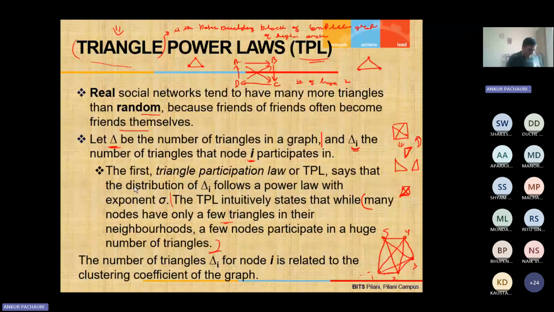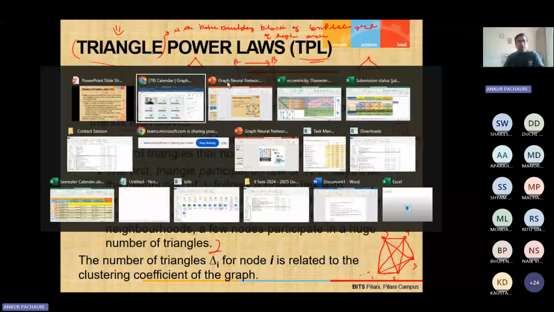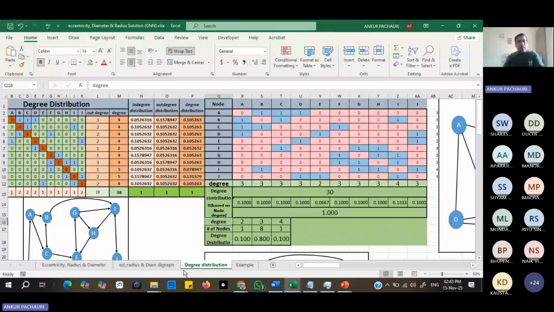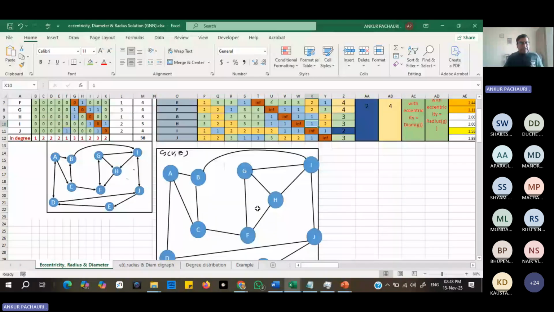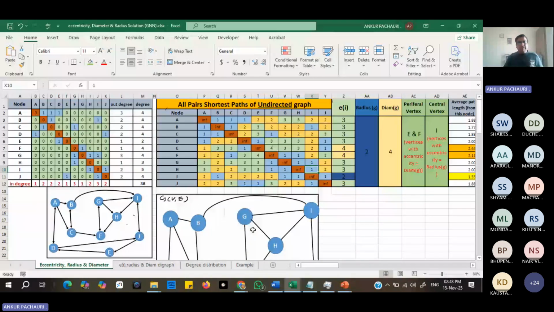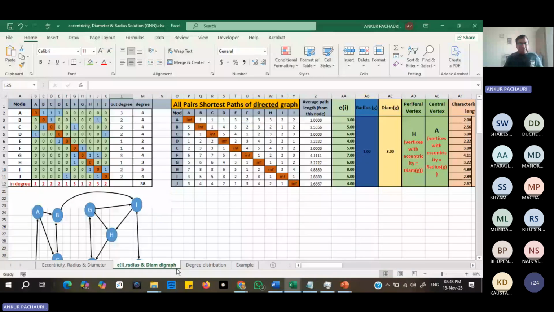And in that case, the diameter and all the other network measures will also have different values. Suppose, for example, eccentricity for a simple graph will be something like this. For a directed graph, it was something else, if you do remember.